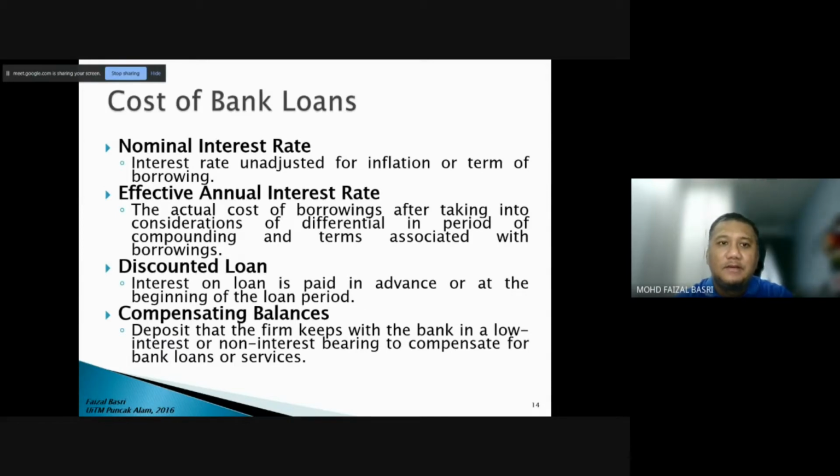We have 2 different interest rates here: the nominal interest rate and the effective interest rate. So what is the difference? The nominal interest rate is the unadjusted interest rate, and usually it will be the one stated on the offer letter.